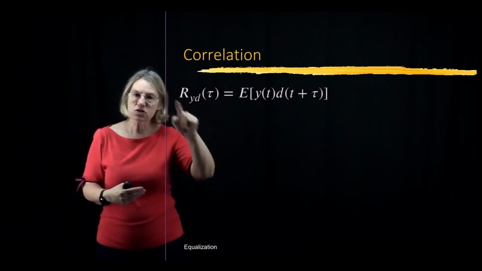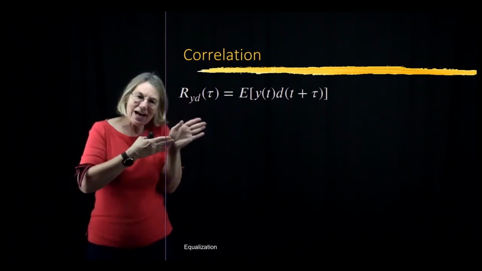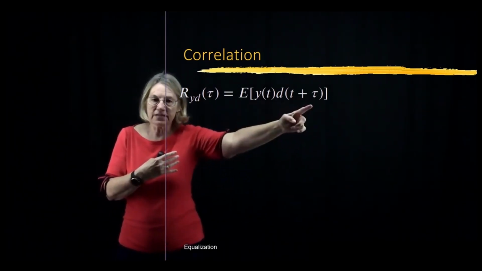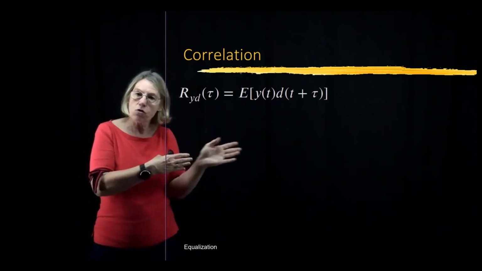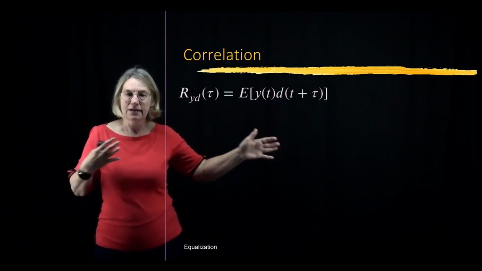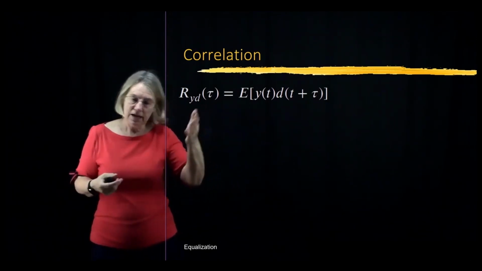This correlation function means, as I delay the received signal from the data that was actually transmitted, how correlated are they? If they get far enough apart, they should be completely uncorrelated.